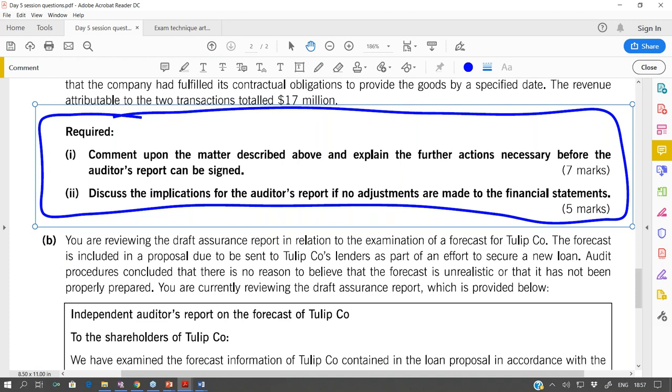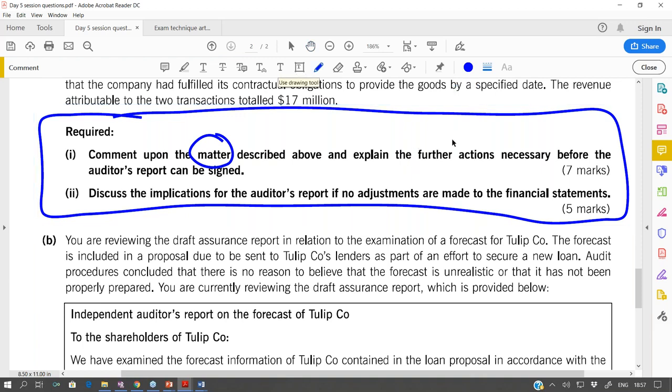First, comment on the matters described above and explain the further actions necessary before the audit report can be signed. So is the examiner asking two things in the first 7 marks, that we need to comment on the matters and then think about the further actions necessary before the report can be signed? So first we need to comment on the matters. Second, we need to write further actions.